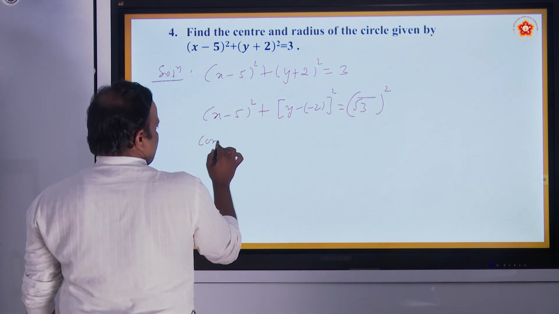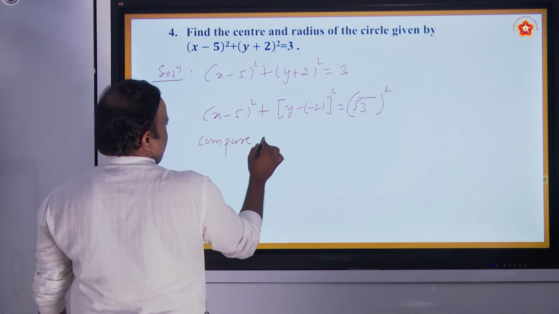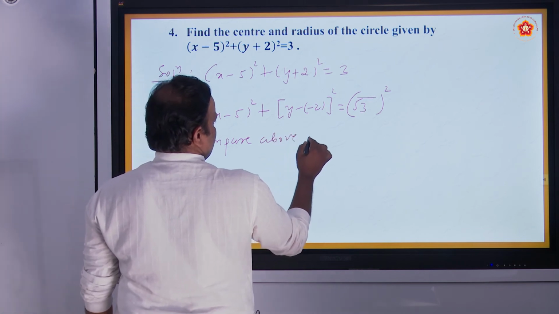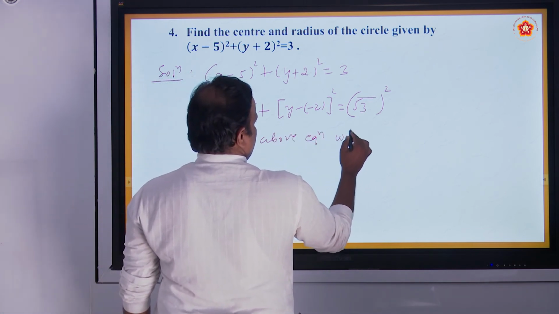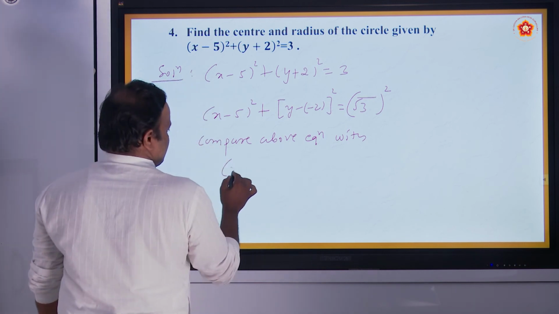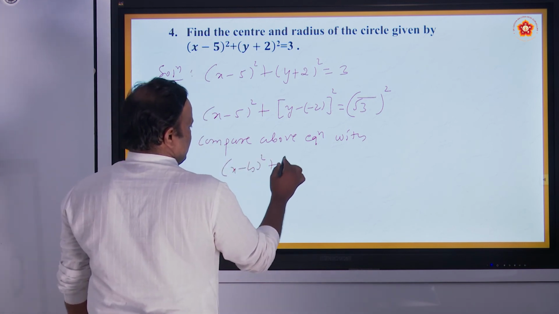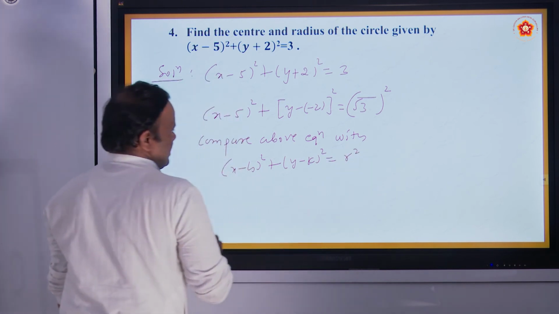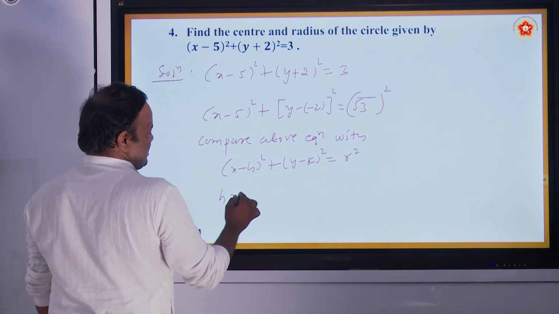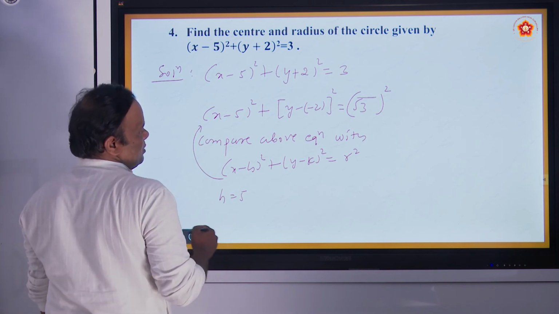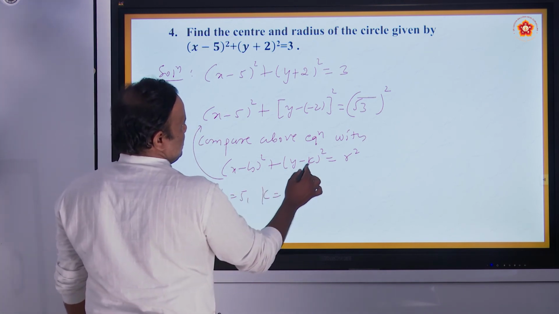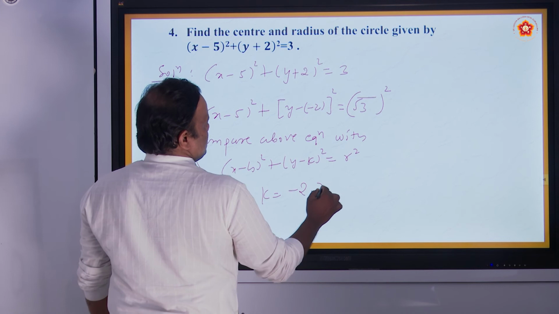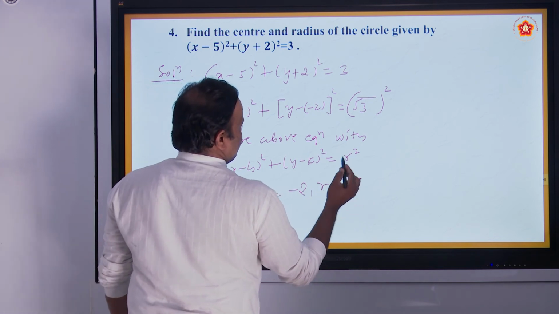Compare the above equation with x minus h whole square plus y minus k whole square is equal to r square. Clearly we say that h equal to 5 and k equal to minus 2. So r is equal to root 3.